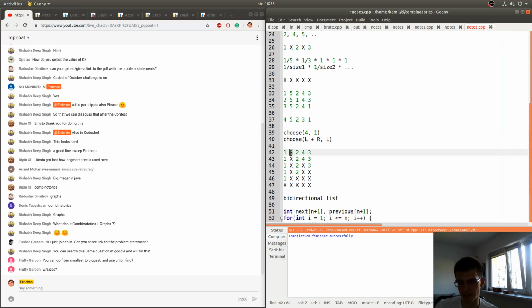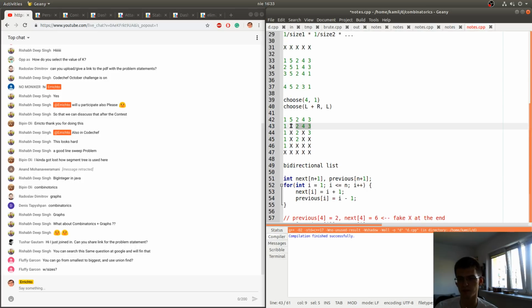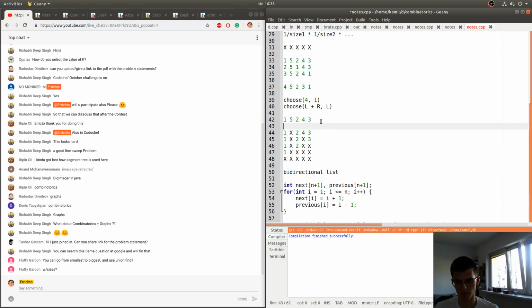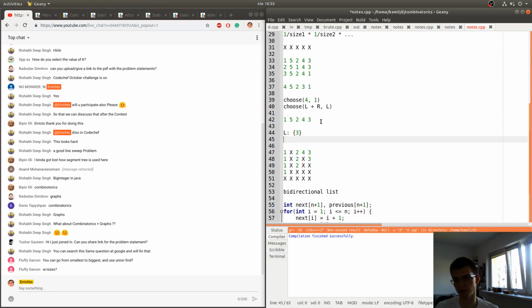What we do here at this moment is that we know that this value is the biggest one, so we know its value. And the remaining numbers 1, 2, 3, 4, we should split into two sets, one of size 1 and one of size 3. For example, we can say that the left set will have only value 3, and the right set will have 1, 2, 4.